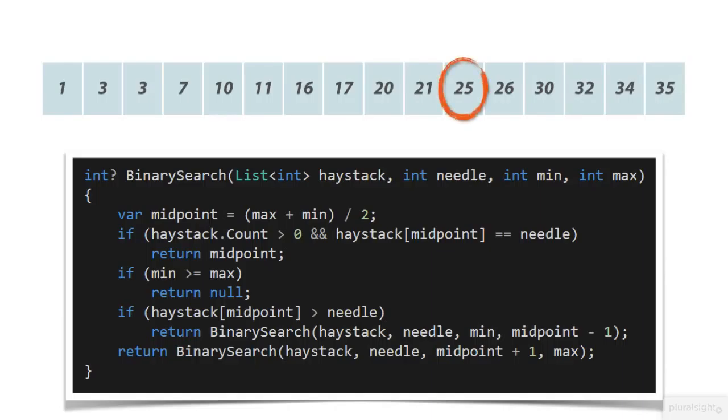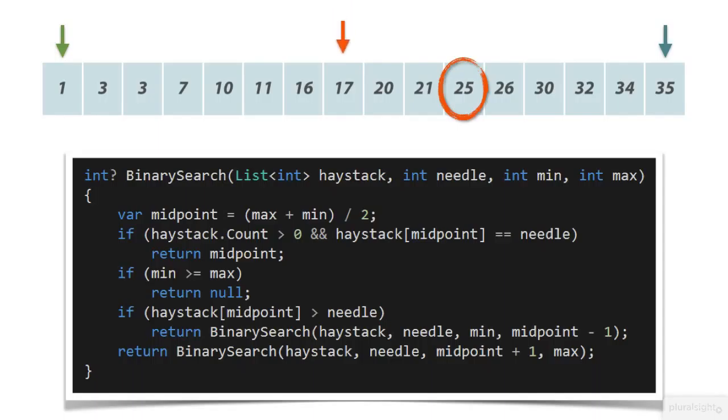Again, we consider a haystack that is ordered, and this time the needle that we look for is the element 25. The code uses 2 pointers representing a lower and upper boundary of the haystack. The 2 boundaries define the interesting area to search in.